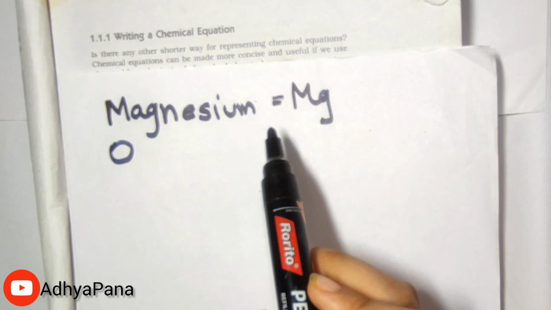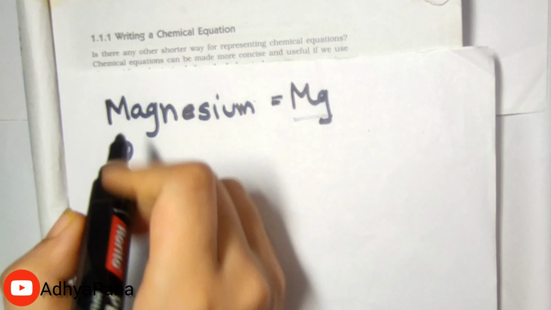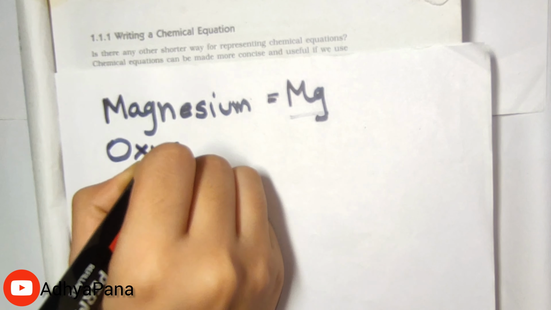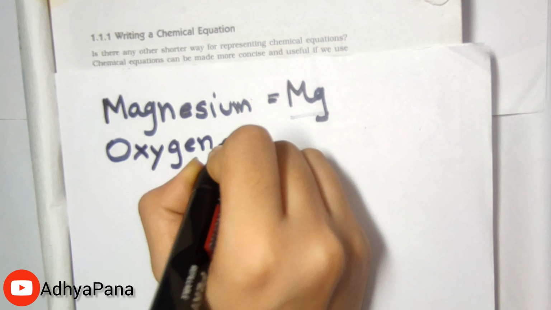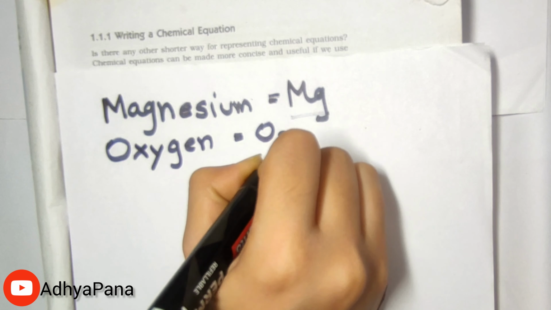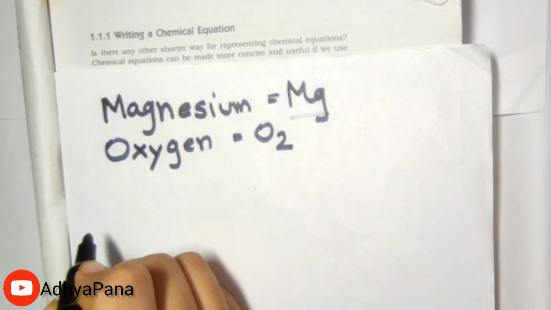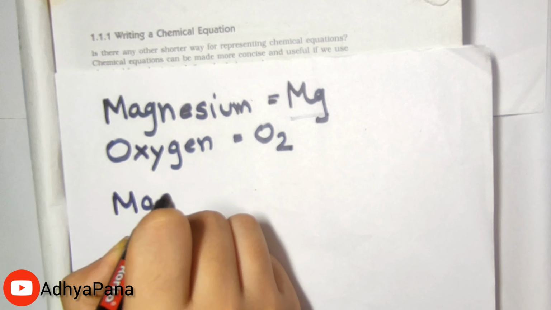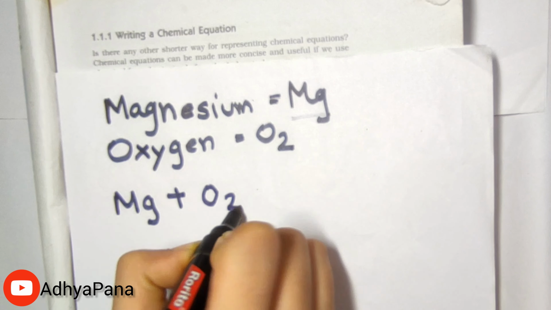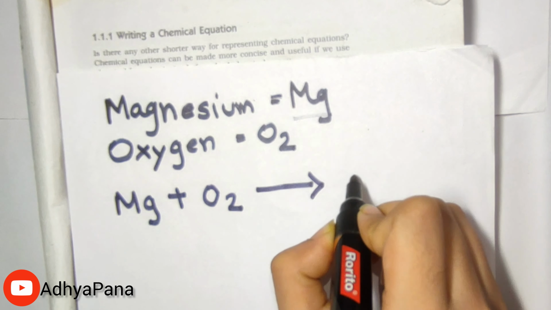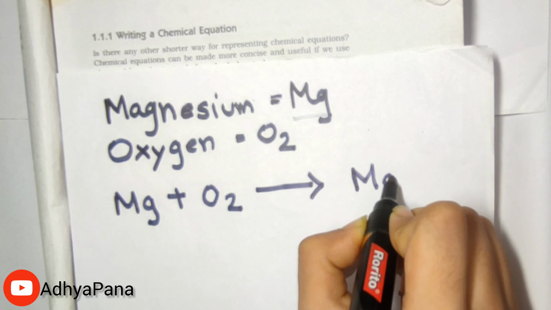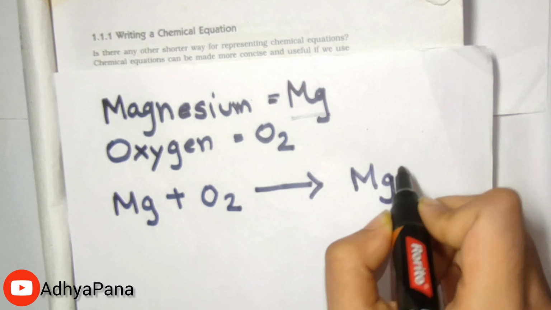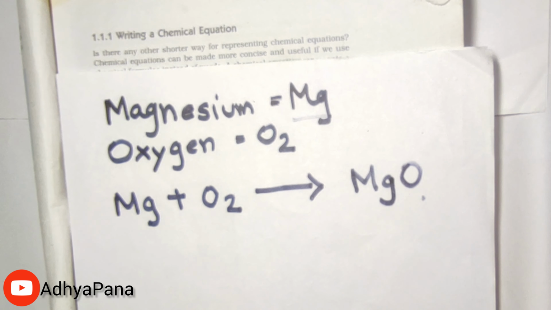We will write the symbol which is Mg, and for oxygen, we will write O2. Now, writing the chemical equation, we will write the reactants on the left hand side and the product formed, magnesium oxide, on the right hand side.